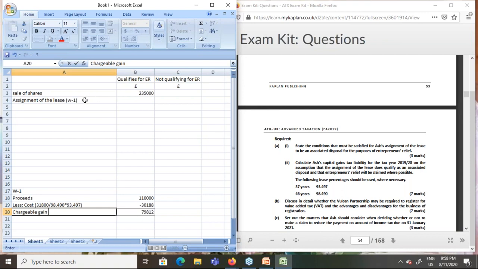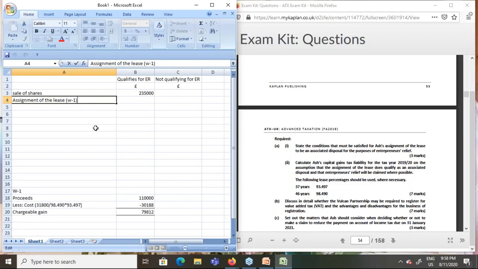But you have to be a little careful. This is an associated disposal. Assignment of the lease, as I explained previously, is an associated disposal. However, you cannot claim the full amount under ER, Entrepreneur's Relief.